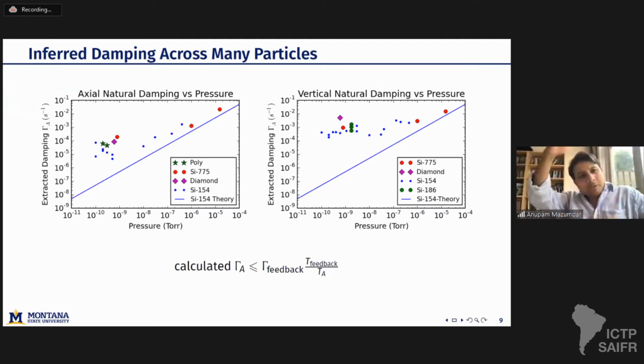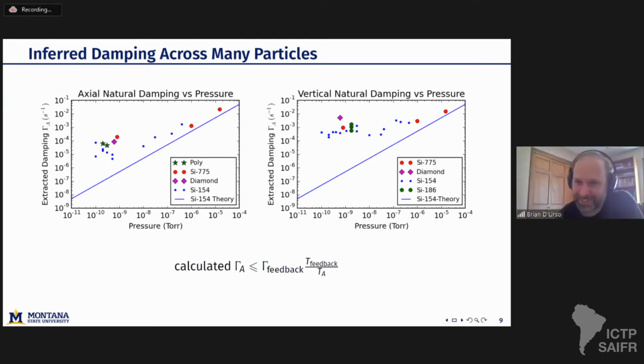Can you put it in a balloon? The hard part in all of these things is that the process of trapping a particle is not automated. It's done by hand, and then we have to pump out all the gas after. So anything that knocks the particle out in a single shot is not very attractive, or that you might lose it while you're taking off, is hard. So there are a lot of experimental challenges there. There's nothing fundamentally that stops you from doing it. It's just work, just time.